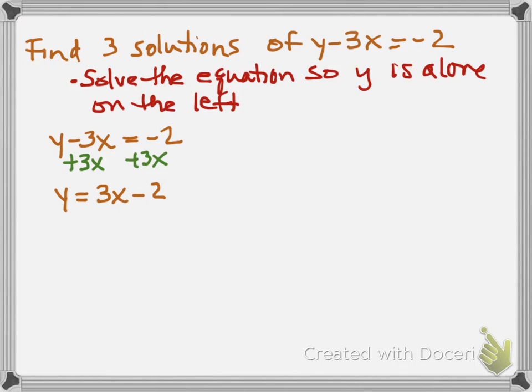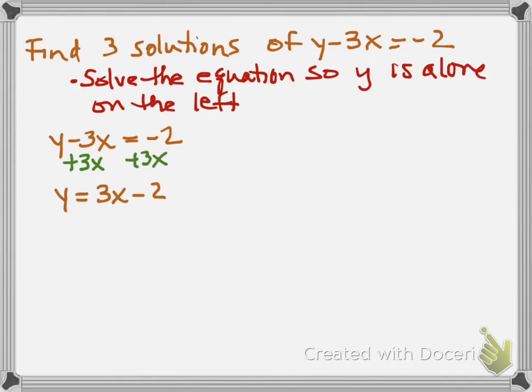Once I do that, then I'm going to look at what's my coefficient of x, and that coefficient is going to determine what kind of values I get to choose to plug in for x, and then I'm going to solve by substituting in the x value and calculate the y, and then create an ordered pair from that. Okay? So here's my suggestion. When you would graph, 0 is always a great number because it's easy to calculate with. You want a positive number and you want a negative number because you want your ordered pairs to get spread out so it makes a nicer graph.